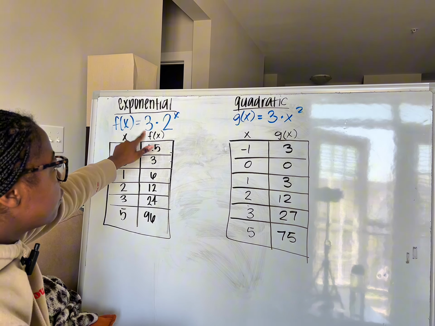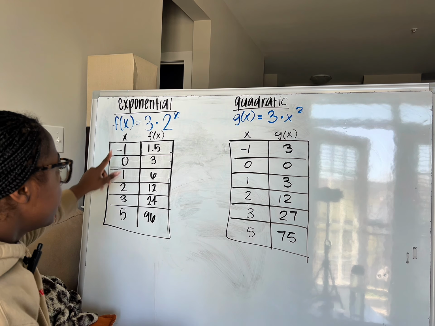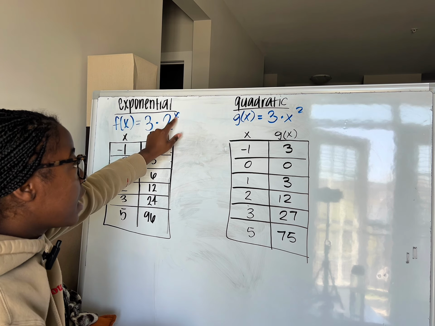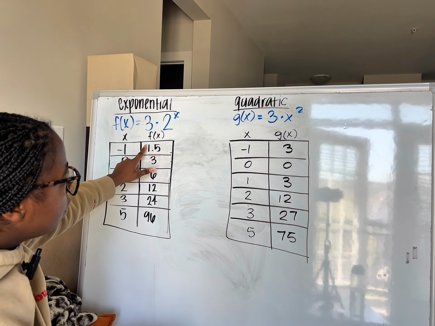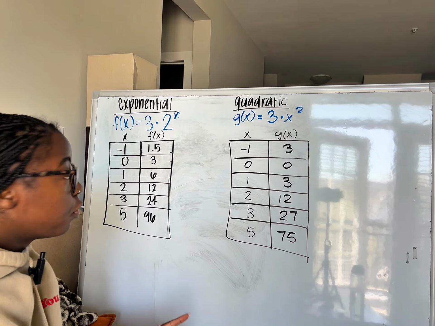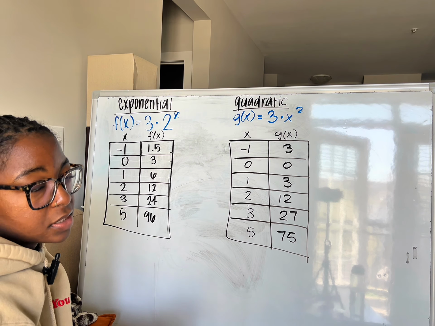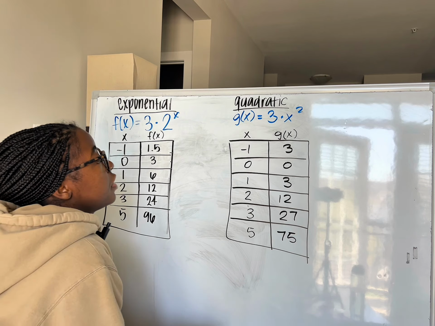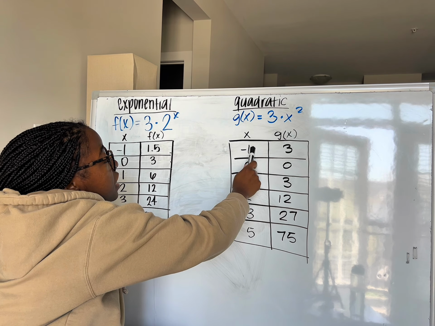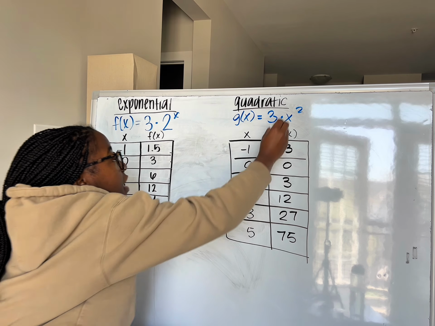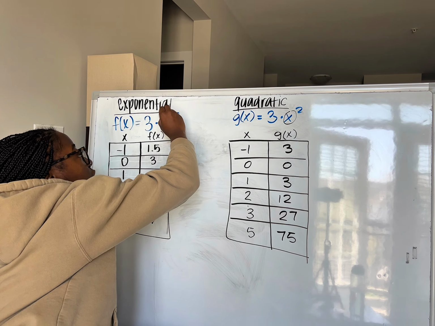So I have 3 to the power of 2x. When I put in x, which would go right here as the exponent, -1, 0, and so on, 1.5, we're growing. We're growing kind of fast if I say so myself. Now when you come over here to quadratic, it's 3 times x squared. This x goes right here instead of right here.